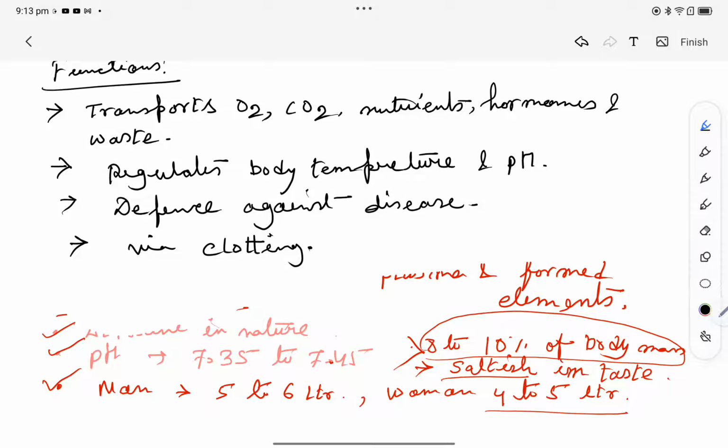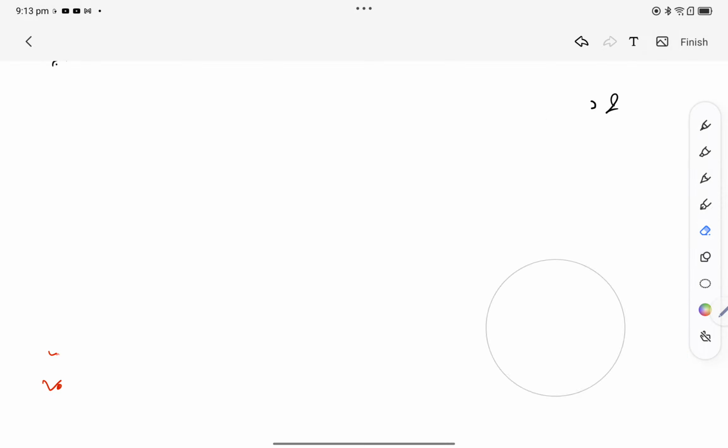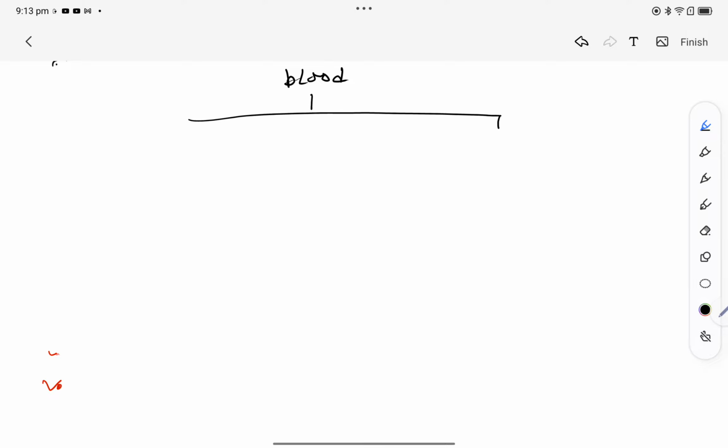Fine. Now we are going to talk about the components of blood, what our blood is made up of. So blood is made up of two parts.